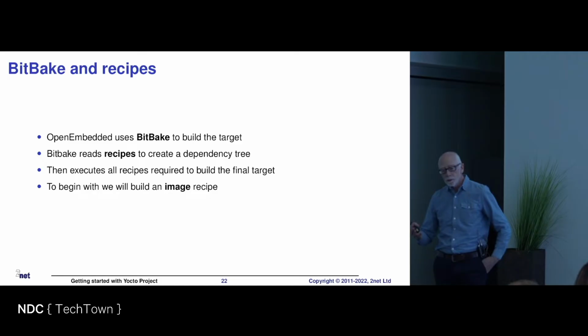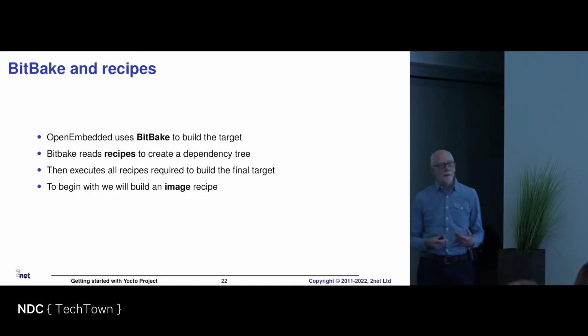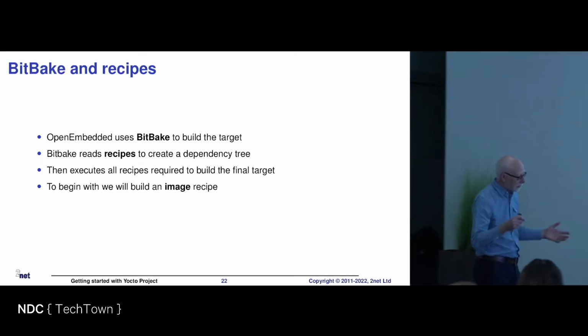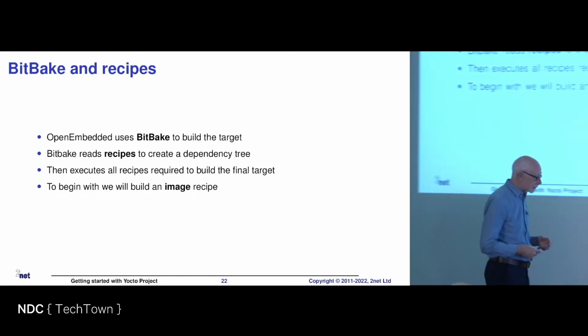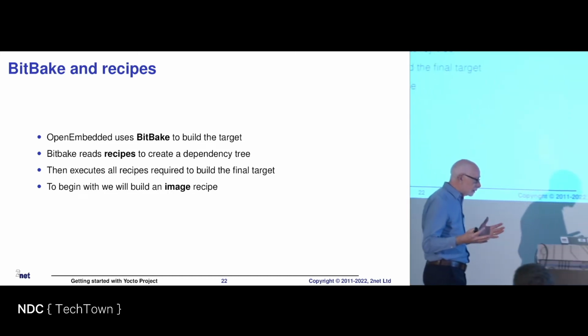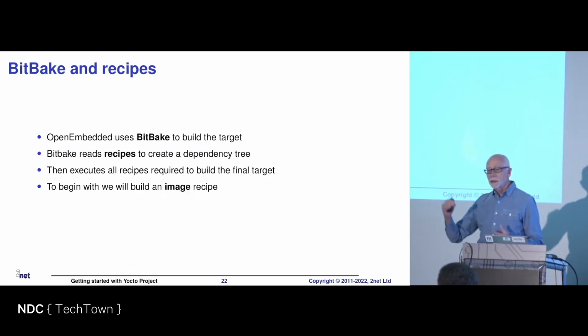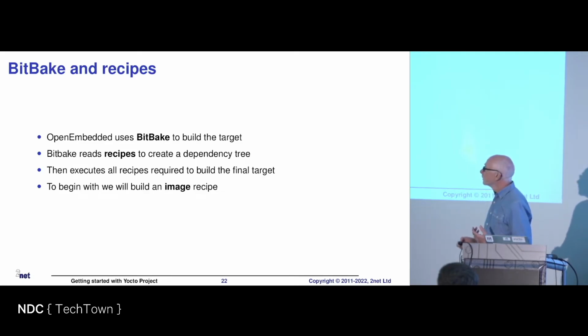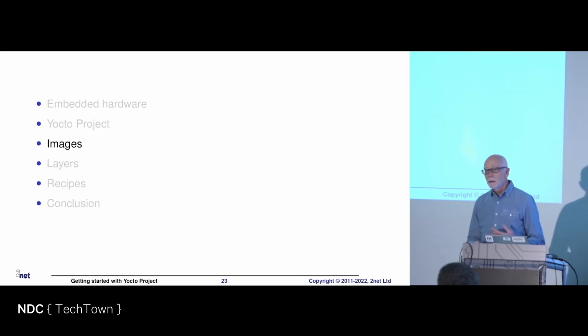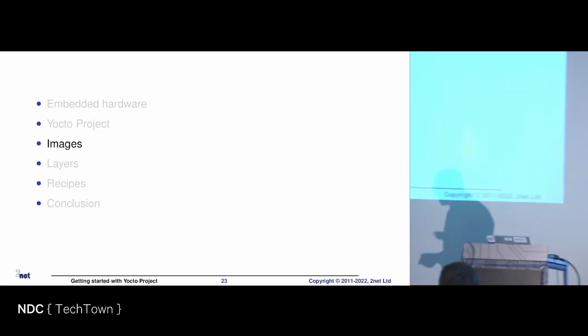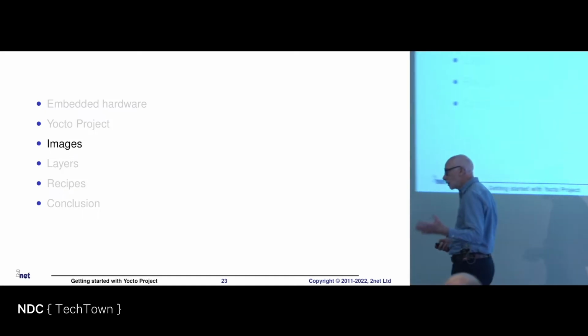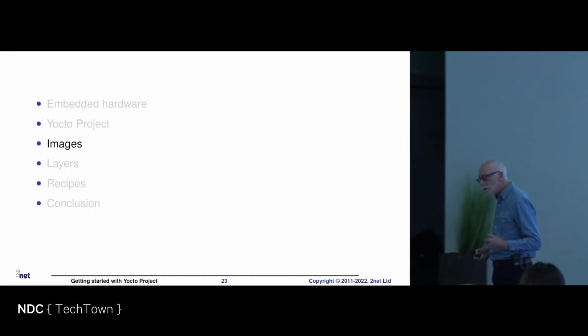And then we come to the tool that does the building, which is called Bitbake. So Bitbake processes recipes and also the contents of these configuration files. It will build a dependency tree, and then it will schedule those jobs in the fastest sequence possible to get the work done. Now the images, they are specified by recipes, not by a configuration in your local.conf.